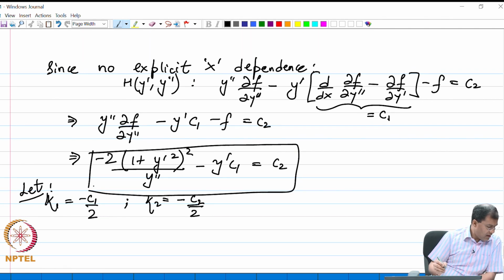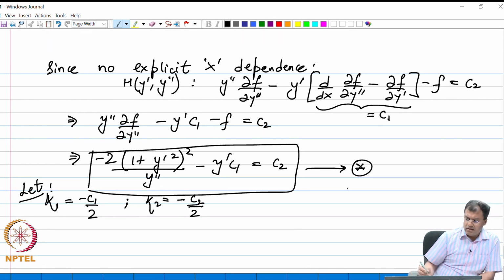Let me call this equation star. This is as such not very easy to solve. The way we are going to solve it is parametrically: we are going to find y as a function of a parameter and x as a function of the same common parameter, and that will be our final solution.